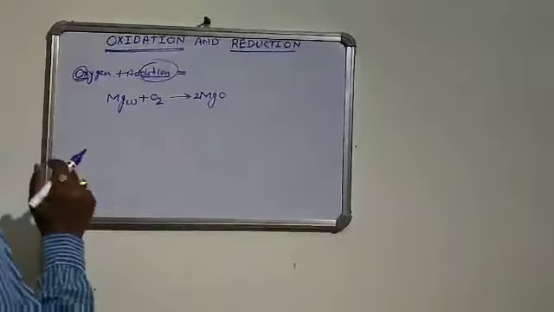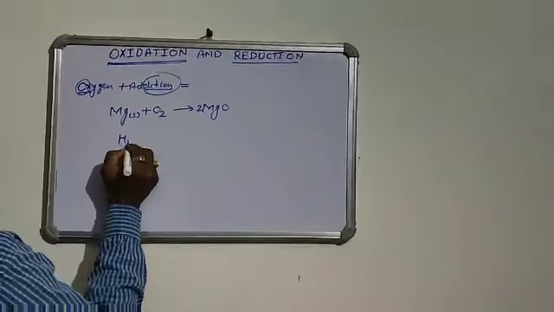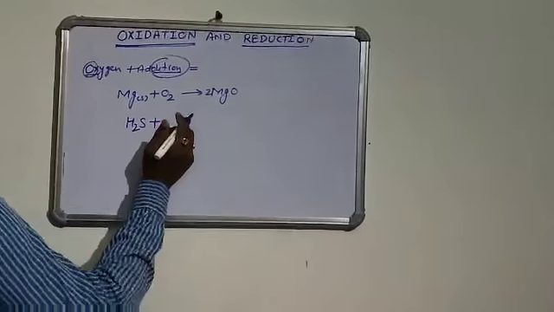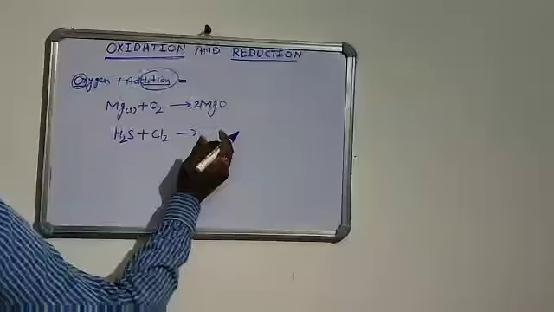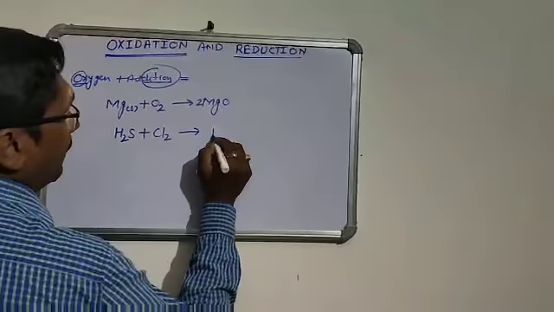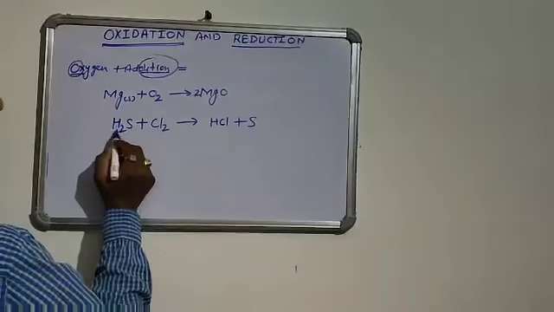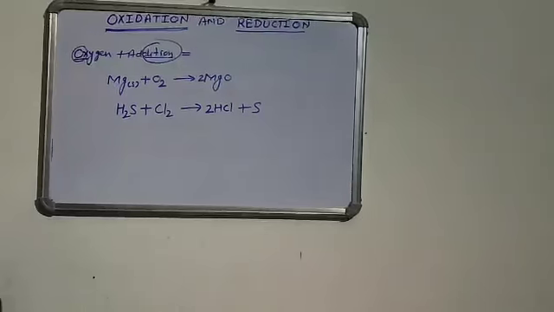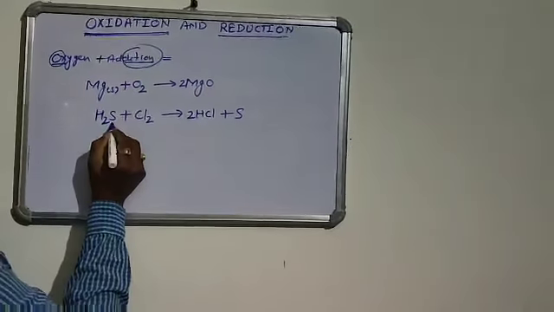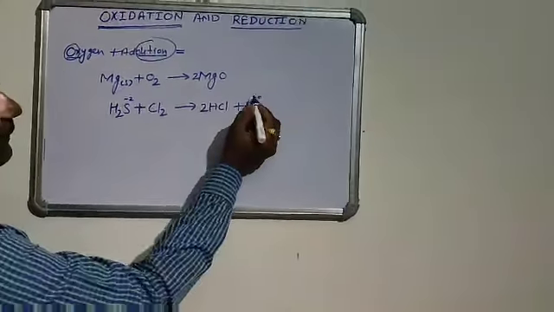Next case. For example, H2S reacts with Cl2. It gives HCl plus sulfur. Now balance this reaction. There are 2 hydrogen and 2 chlorine, so we can write here 2. In this case, sulfur has valency -2 and again sulfur has valency 0.